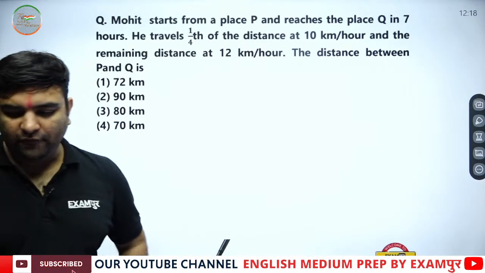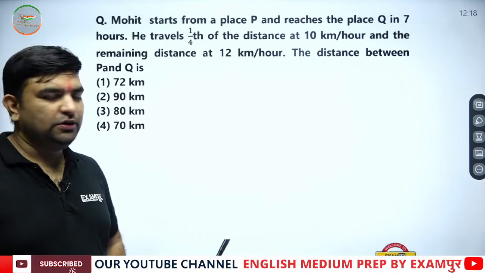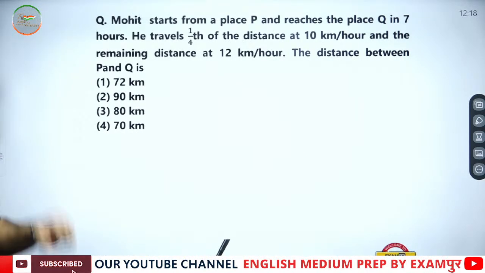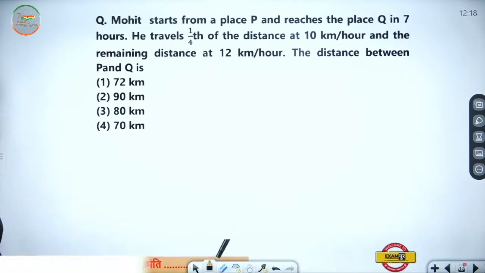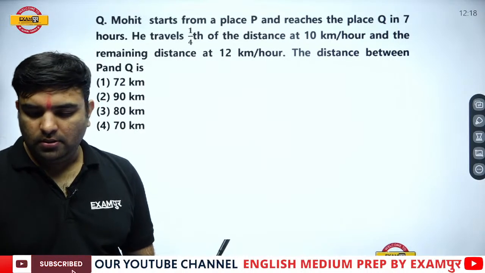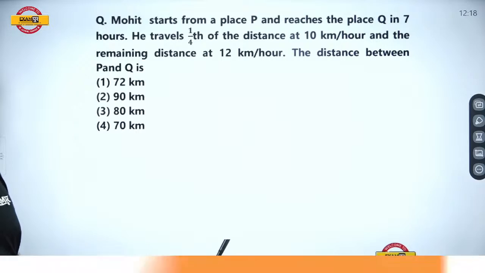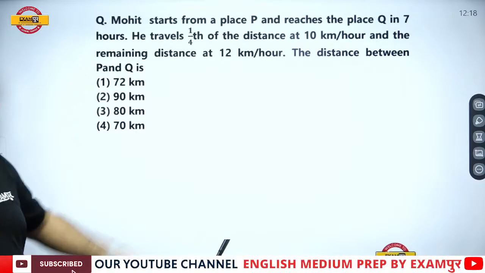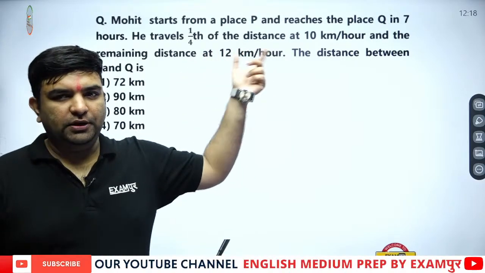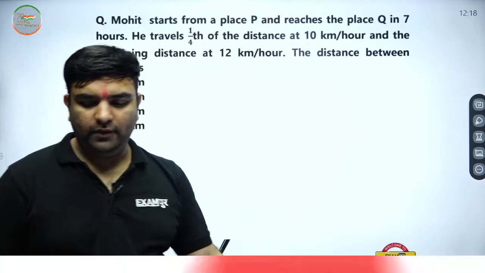He traveled 1 by 4 of the distance with the speed of 10 and the remaining distance at the speed of 12.